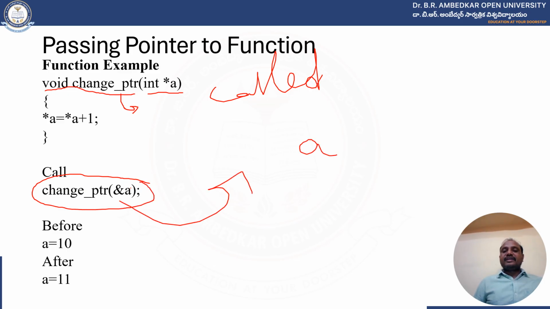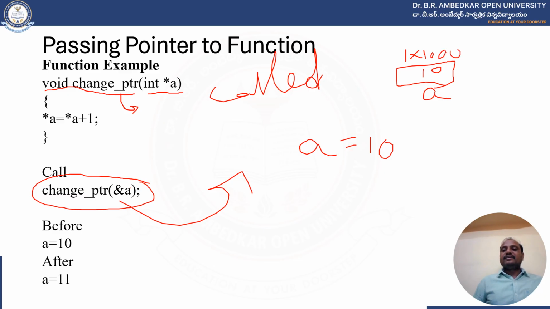Initially, if you take one example, a value equal to 10. Now we are passing ampersand a, that is, a is stored with the value 10, and for this variable one address will be there, 1x1000. Why am I always using 1x? Because addresses are always stored in hexadecimal format.